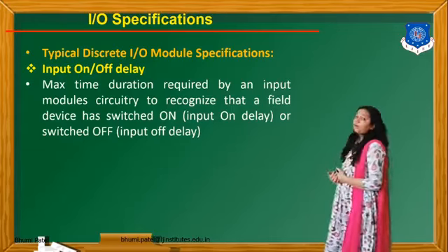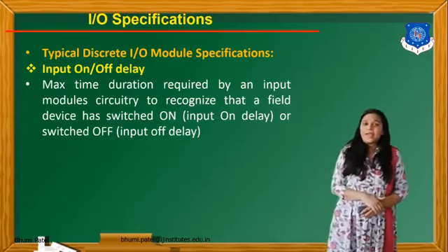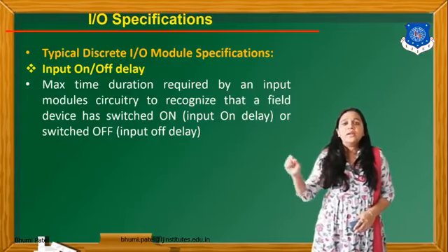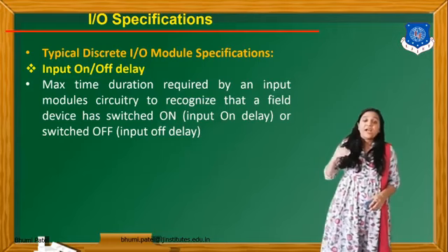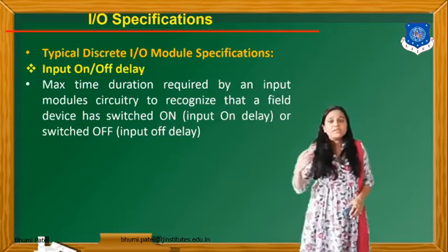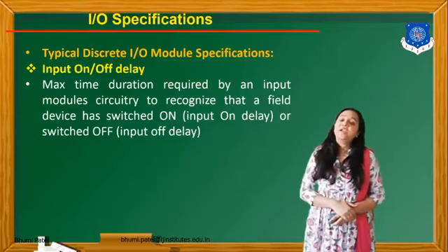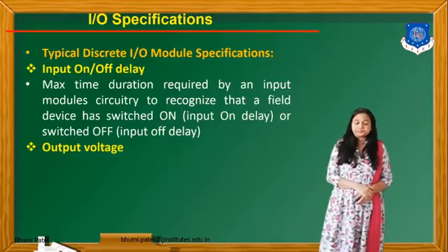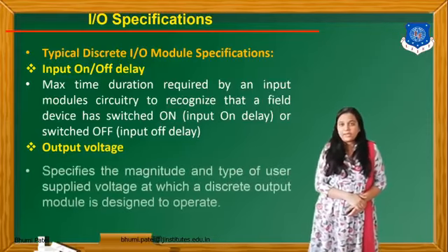Generally, input on-off delay is used for the timer circuit. If we connect the timer circuit in the programming, after what time the circuit will be on or after what time the circuit will be off, that time we use the input on delay and input off delay.